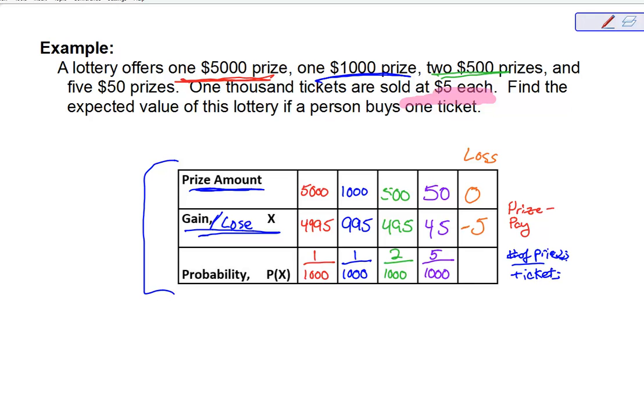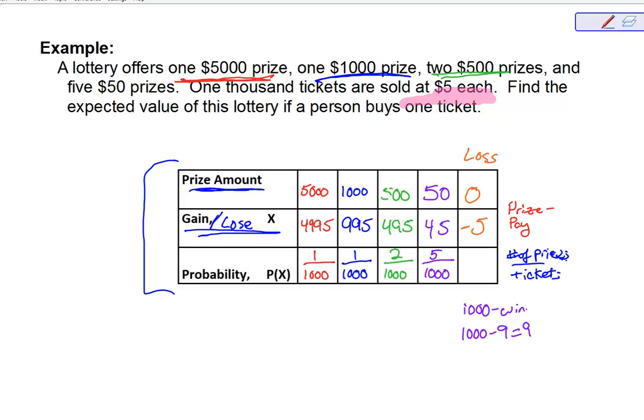So far, if you look at this, I have 5, 6, 7, 8, 9 prizes, 9 tickets that are winners out of 1,000. So how many losing tickets do I have? My losing tickets are 1,000 minus the winners. So 1,000 minus the 9.